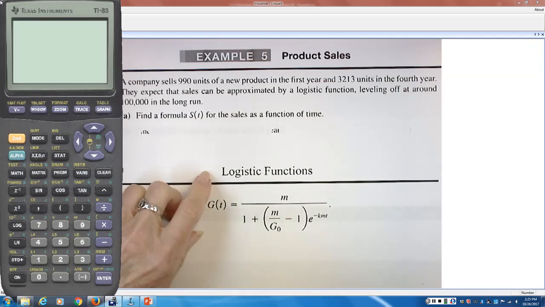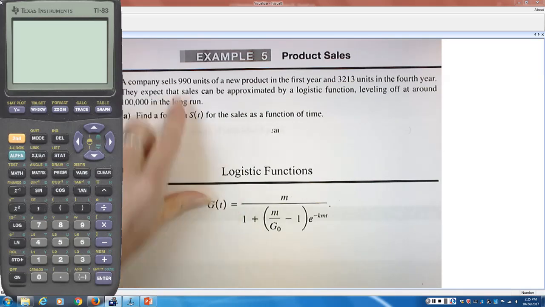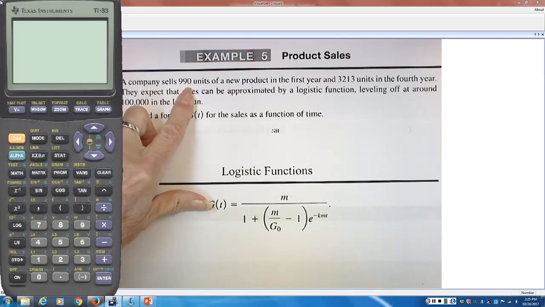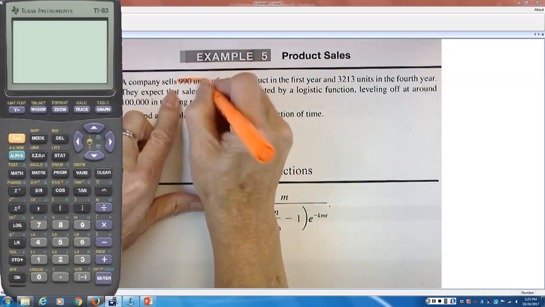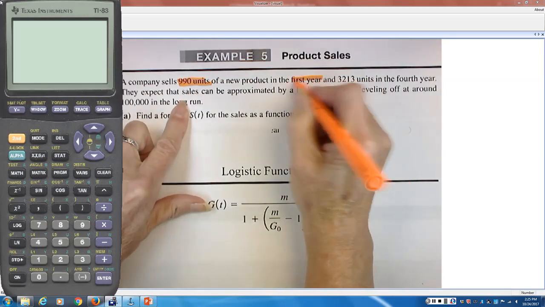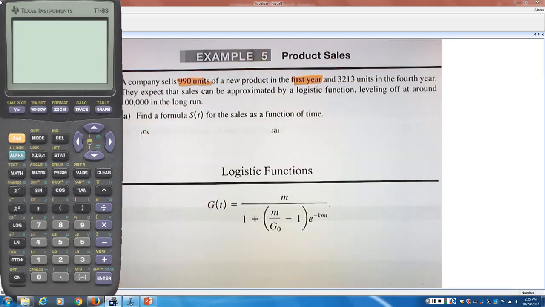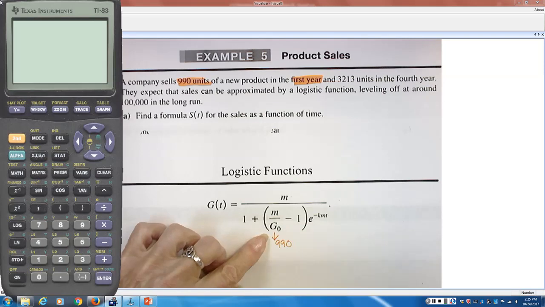Your initial value is where they started out, 990. That's in their first year. So that tells you that this value of G sub 0 is 990.